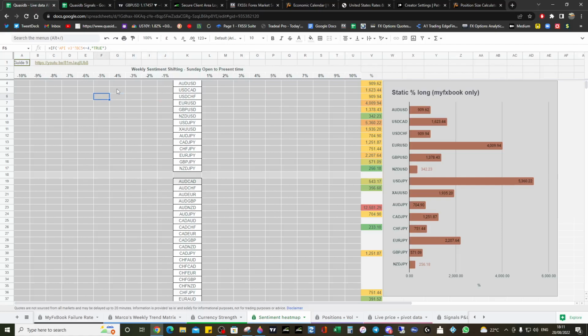Say they had the dollar CAD and it was over here. If they're adding long over time, that would make it more of a sell. So yes, it would be valid, but if you want to see continuation on that validation, you'd want to see these cells populate. That would be a stronger sell.